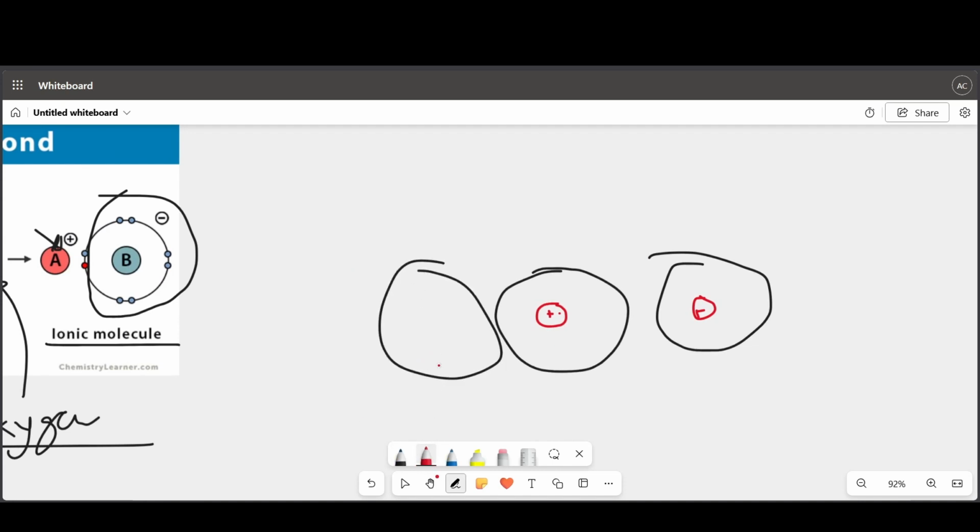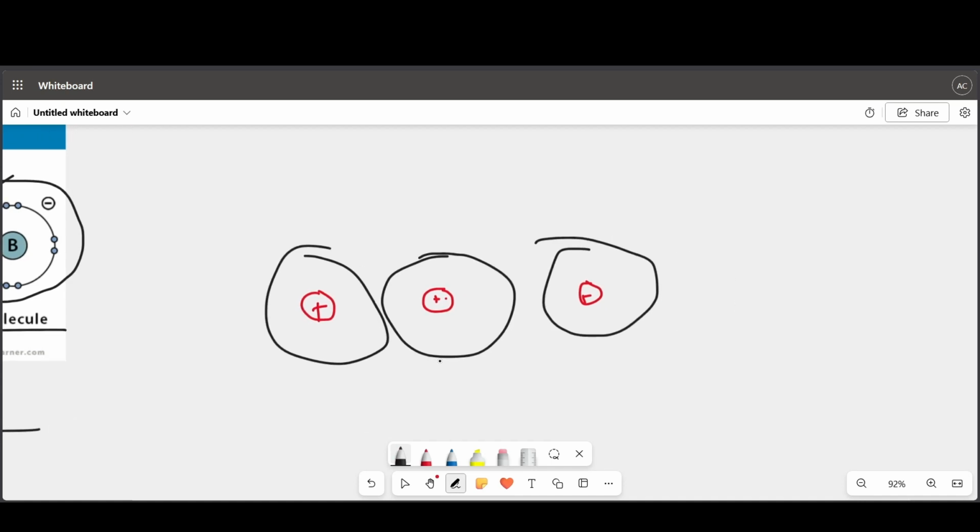And these electrons can actually be attracted to ions that are near these bonds. So let's just say that these are ions.